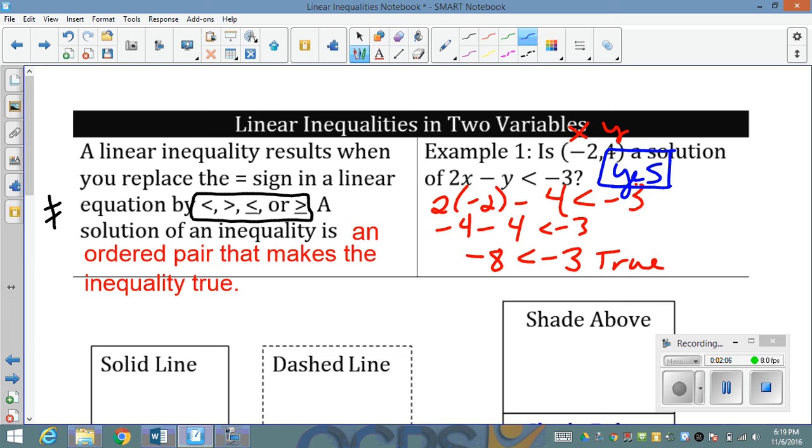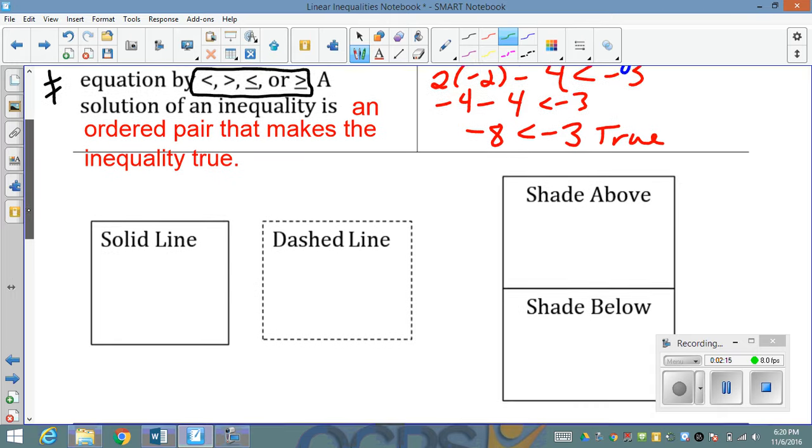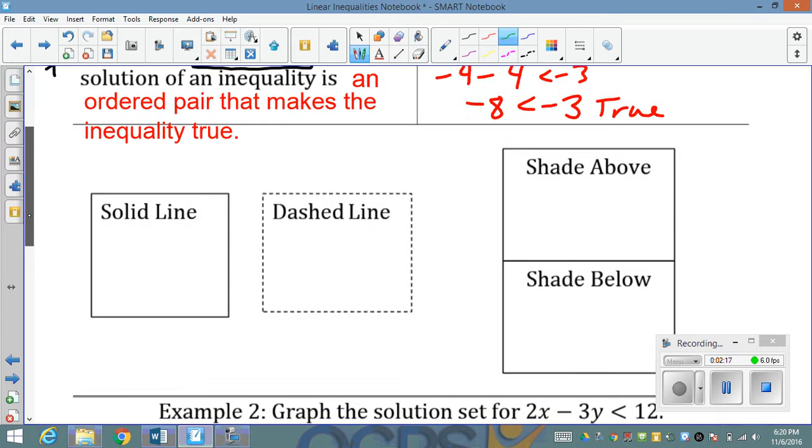Now we're going to talk about graphing. Before we graph, we want to clarify a couple of things. Remember through the explorations we've been doing in class, you will start by graphing your boundary line, then you will do your shading.